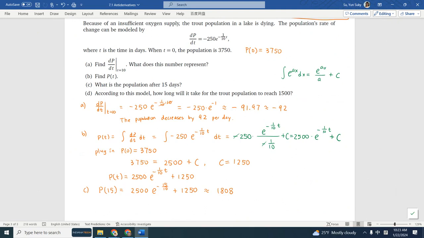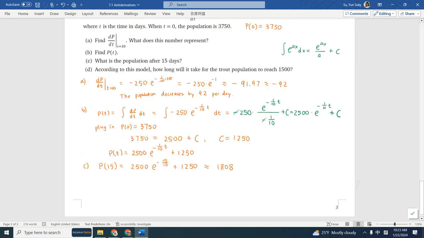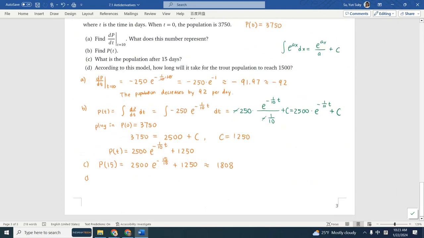Okay, D. According to this model, how long will it take for the trout population to reach 1500? So for part D, we're looking for the time such that our population at that time is 1500.